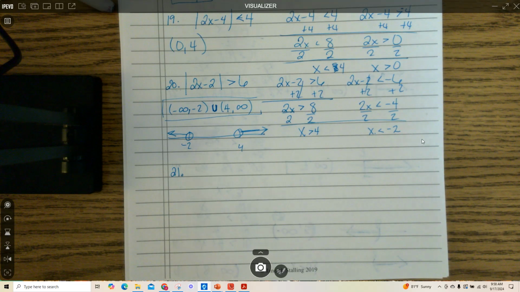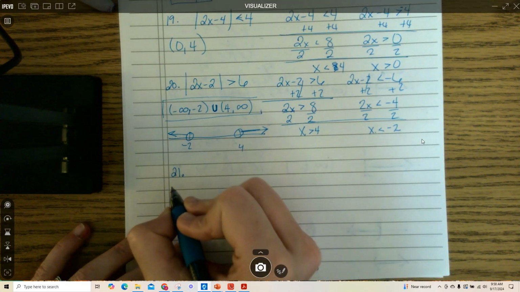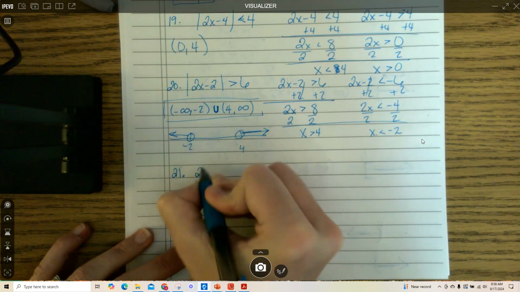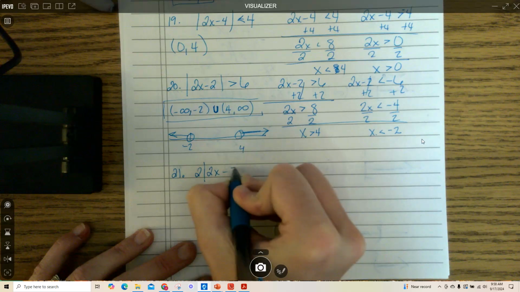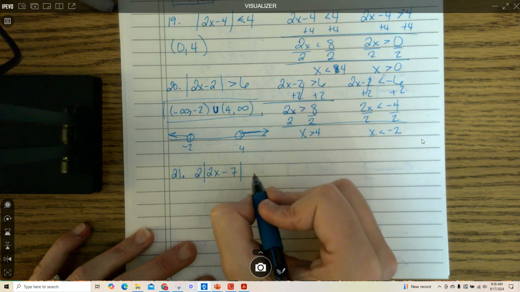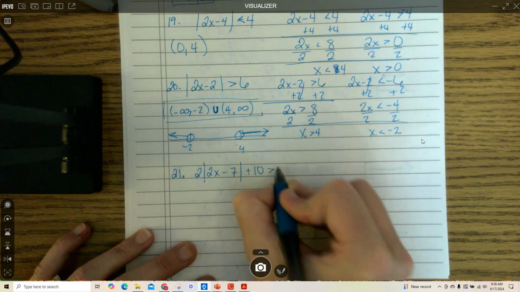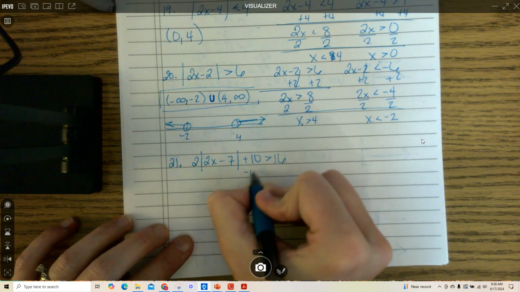Well, it helped if I finished the thing. All right, 21. Last one for this one, right? Yep. Awesome. 2 absolute value 2x minus 7, plus 10, is greater than 16. This one we need to get everything away from the absolute value bars first.